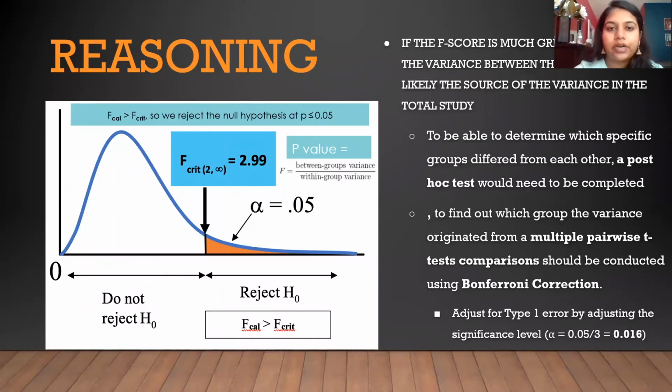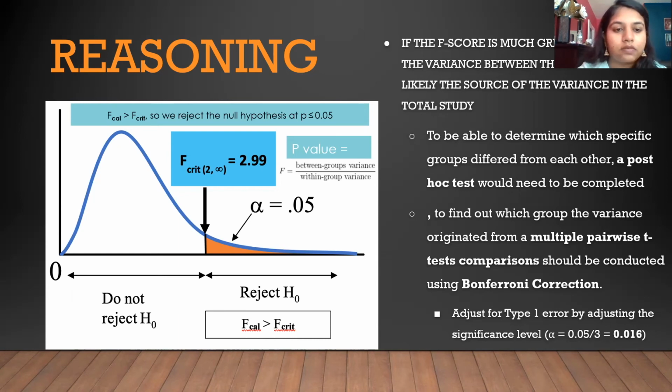If the F-score is much greater than 1, the variance between the groups is most likely the source of the variance in the total study. To be able to determine which specific groups differed from each other, a post hoc test would need to be completed. To find out which group the variance originated from, a multiple pairwise t-test comparison should be conducted using Bonferroni correction, adjusting for type 1 error by adjusting the significance level, which would be 0.016.